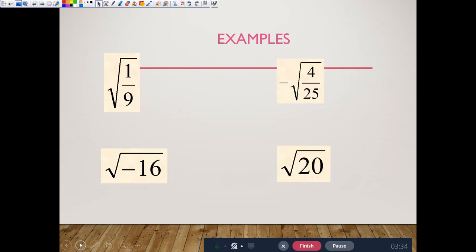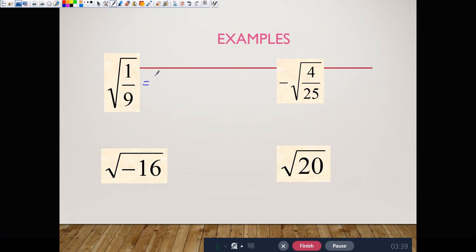Whenever we have a fraction, it's the same as the square root of 1 over the square root of 9. Okay? It's the same thing. So what's the square root of 1? 1. And what's the square root of 9? 3. And then we always have the positive and the negative answer. Okay?